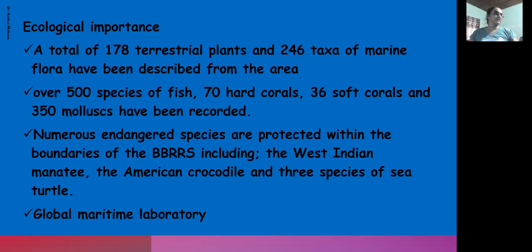It is a very significant ecosystem in the Caribbean area, in this region. You have numerous endangered species which are protected within the boundaries of the Belize Barrier Reef. Things such as the West Indian manatee, the American crocodile, and 3 species of sea turtle.